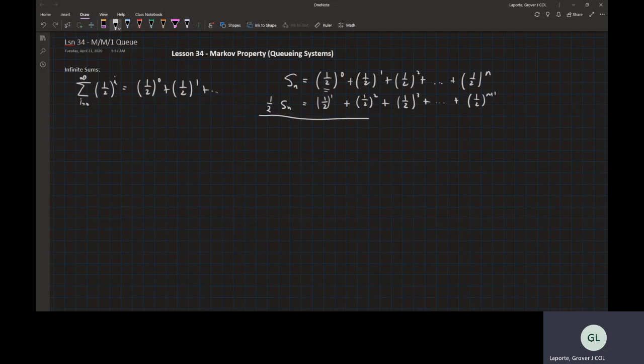The way I like to do it is to draw a line here and subtract. The left-hand side of the equal sign is Sn minus 1/2 Sn, that is just this top part here.